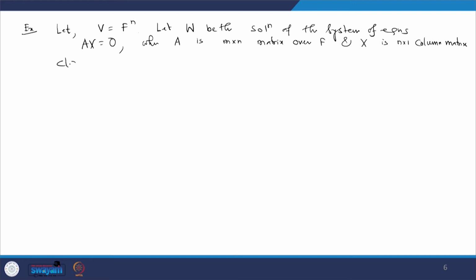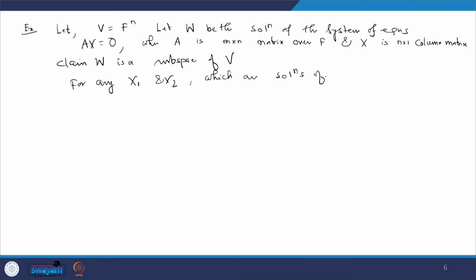Claim: W is a subspace of V. For any x1 and x2 which are solutions of Ax equal to 0, we have A x1 equal to 0 and A x2 equal to 0.